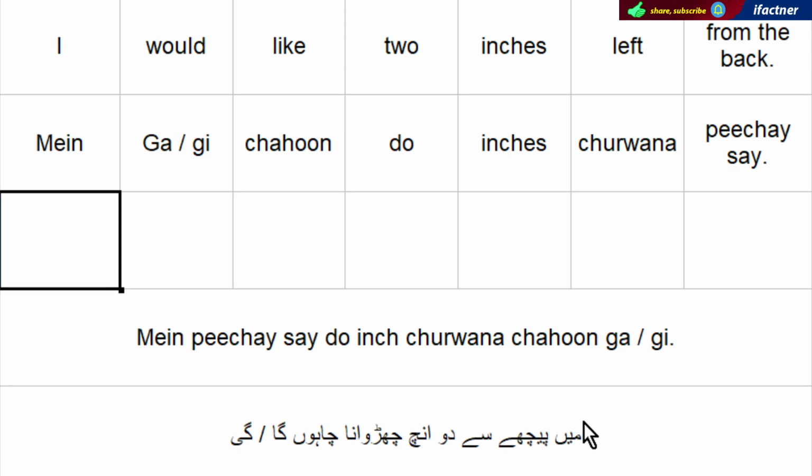I is मैं and we can spell मैं as मीम ये and नूना. Would is ga in Urdu for male, and for female we will say gi.